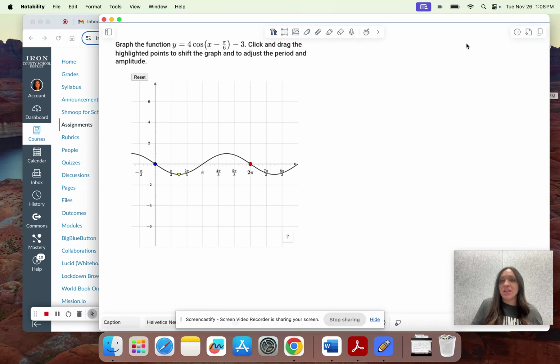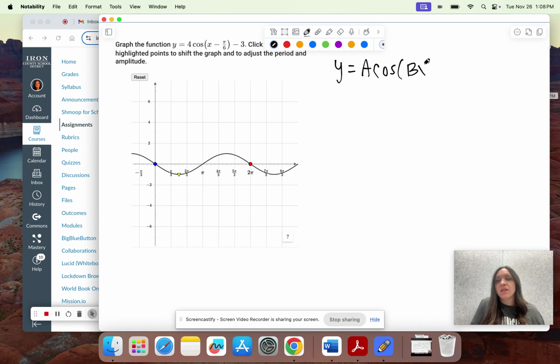Now let's get started. So y equals, I'm just going to write the general form of cosine. And I didn't leave enough room, so we're going to rewrite this and identify our a, b, and c. But now they're all lined up.